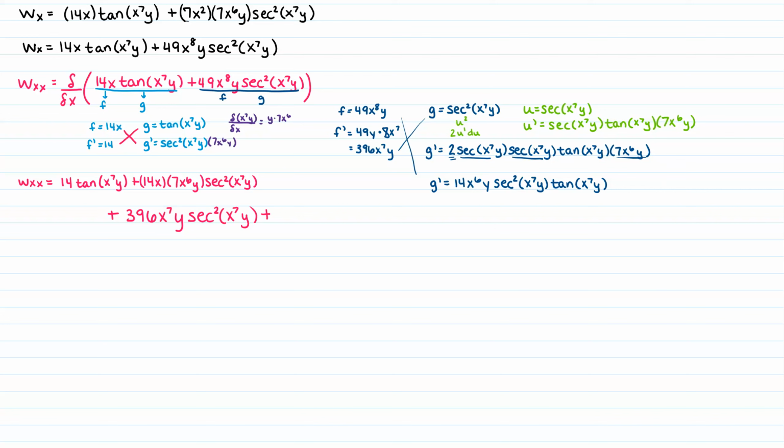So I'll put the f first. That was 49 x to the 8th y times 14 x to the 6th y secant squared of x to the 7th y times tangent x to the 7th y.